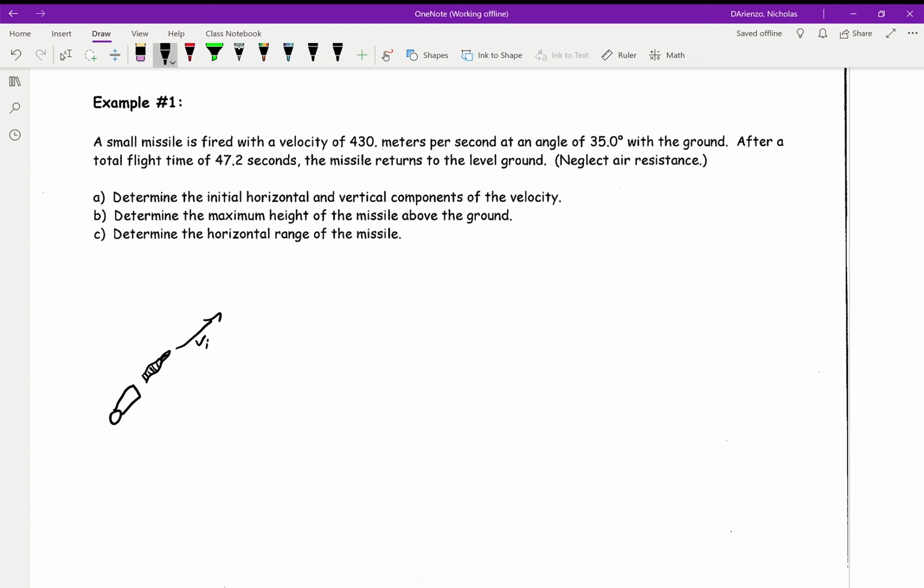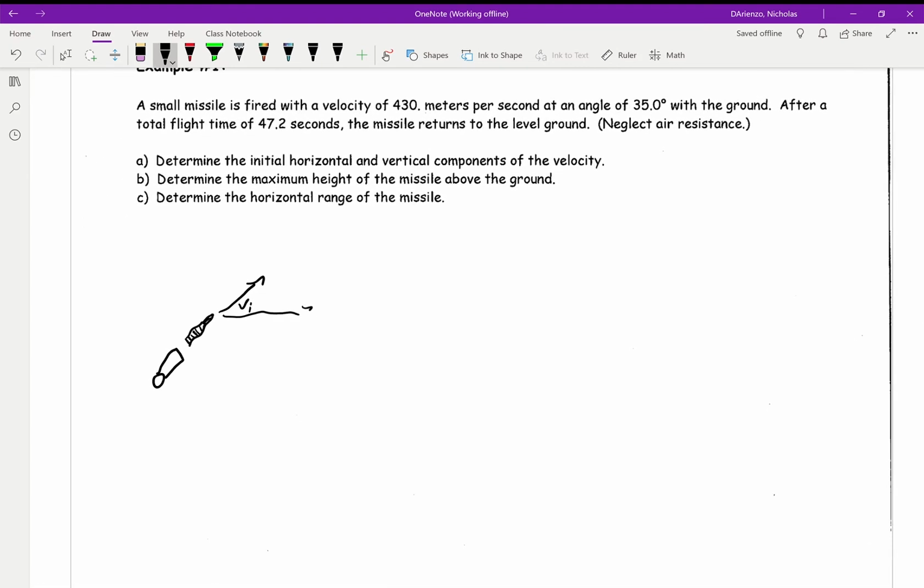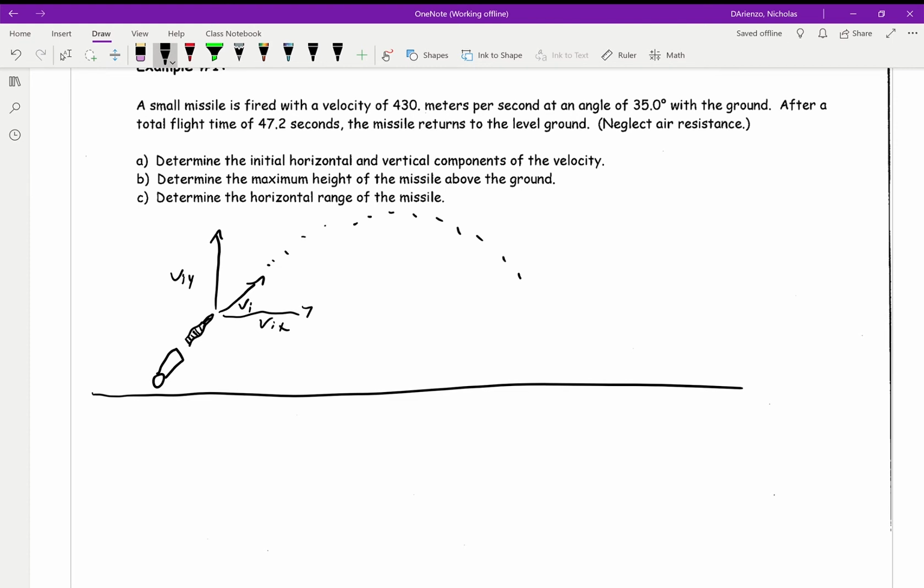With an initial velocity. And we can break this up into horizontal and vertical components. This is going to follow a trajectory here from the ground until it returns back down to the ground. Now we have here the distance in our y direction.